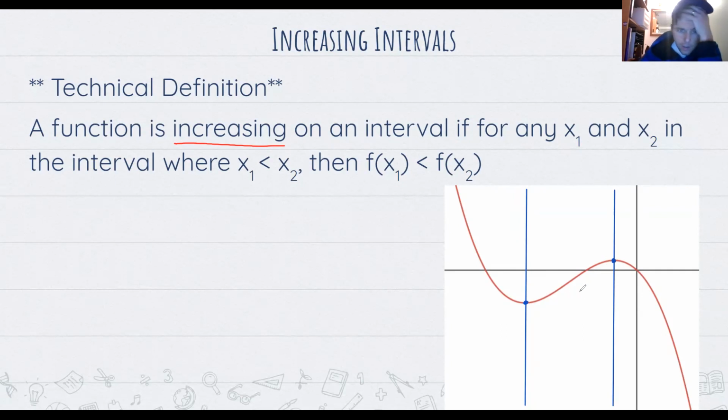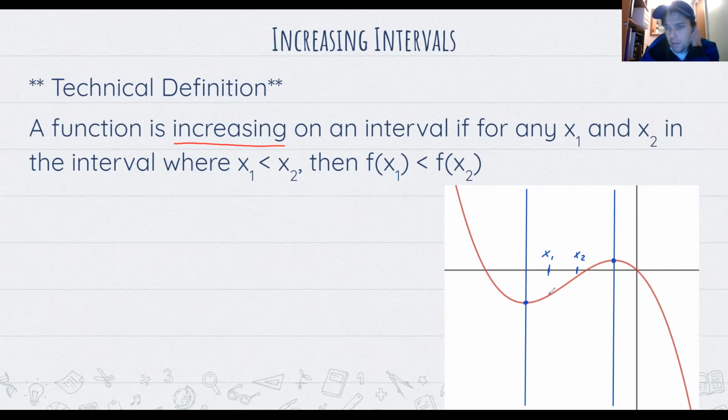And this technical definition is saying, let's just pick two values in here. So for any two values, x1, x2, where x1 is less than x2, so that means that it's on the left, right? If we're talking about a number line, a smaller value will be to the left.